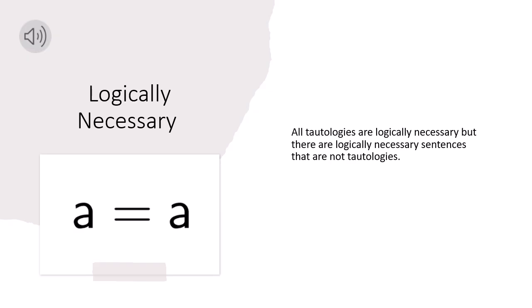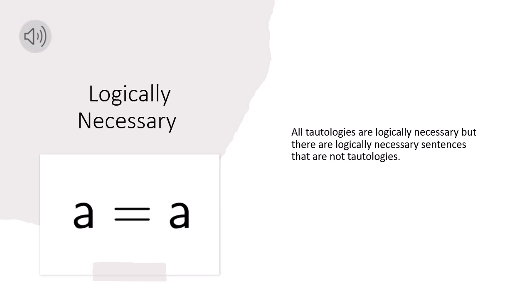It would just be two rows, a T and an F. However, notice that one of the rows is not a possibility. The fact is A equals A is always true, and therefore it's a logical truth or logically necessary. But that logical truth wouldn't be picked up in a truth table.